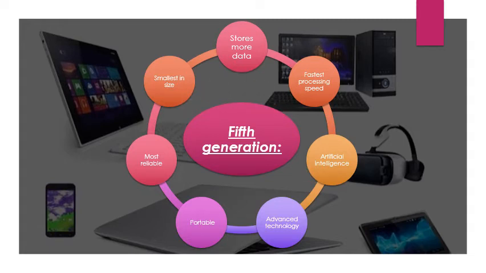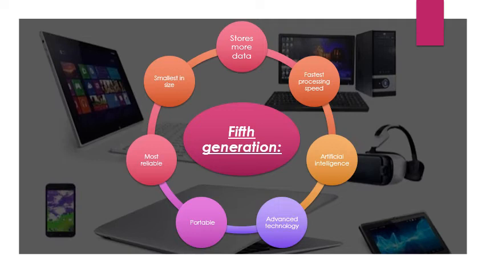If we repeat the key points for each: size and processing speed would go on with the same graph, the size would be smaller and smaller, processing speed faster and faster, and data capability would increase generation after generation.